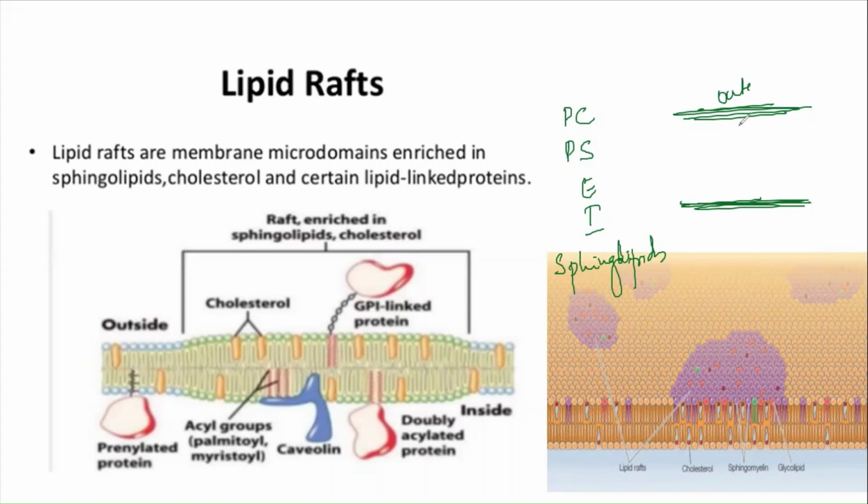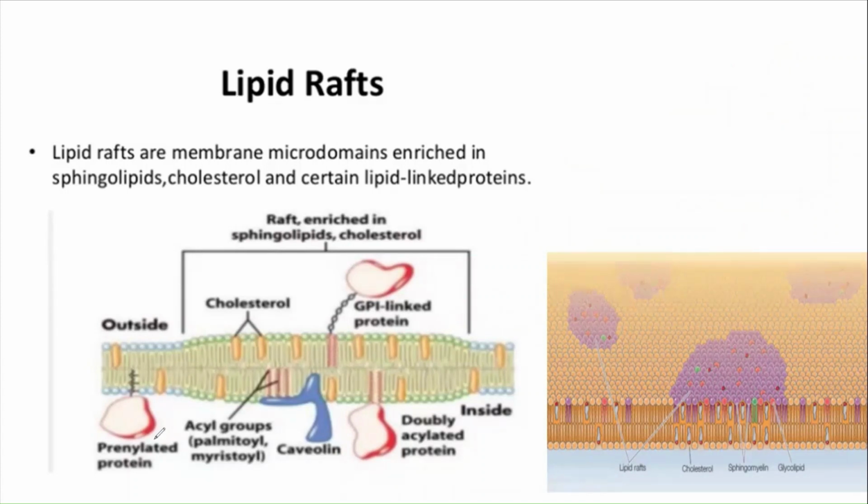Phosphatidylcholine, serine, and inositol are present inside, the rest are outside. Wrong. Phosphatidylcholine and sphingolipids are outside, the rest are inside. What did I say? Serine should be inside, because during apoptosis it gets exposed to the outside, right? It was simple, just remember PC, it is present on the outside. So phosphatidylcholine and sphingolipids are present on the outside, the rest is present on the inner leaflet.